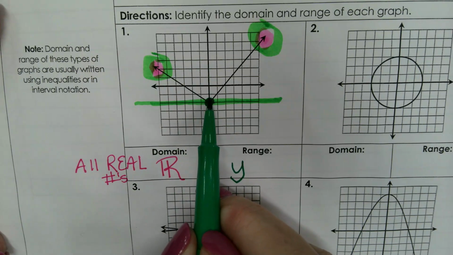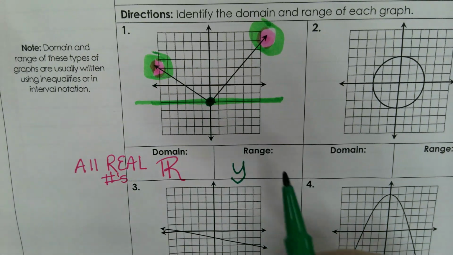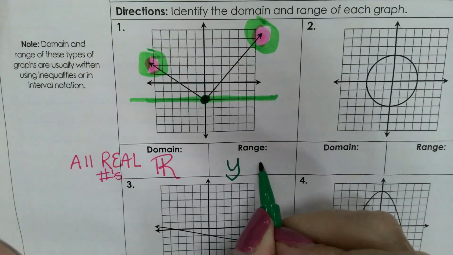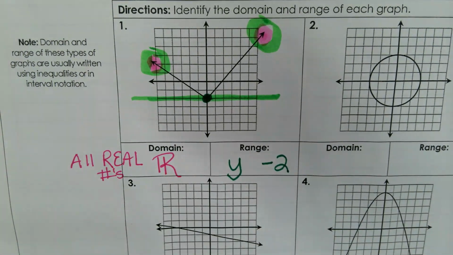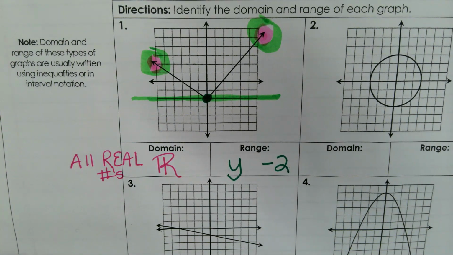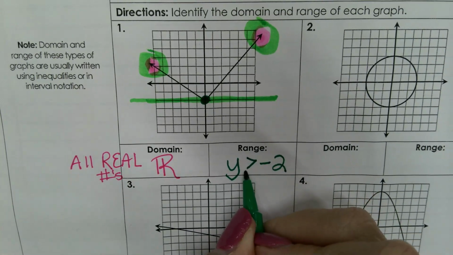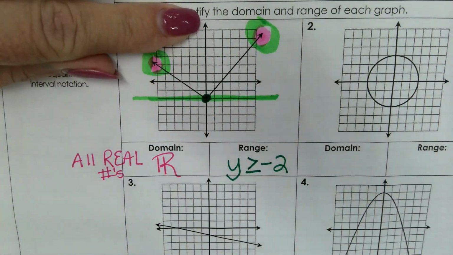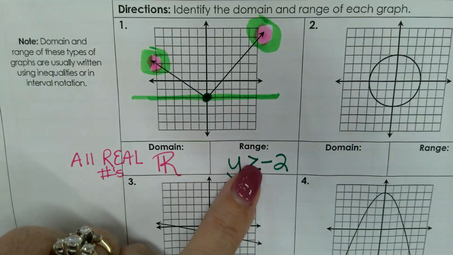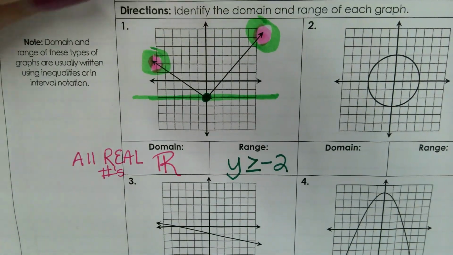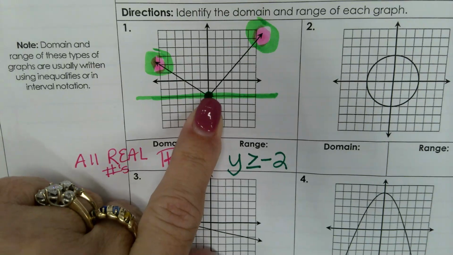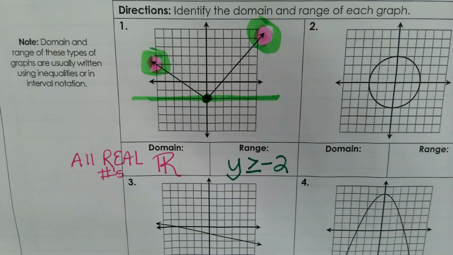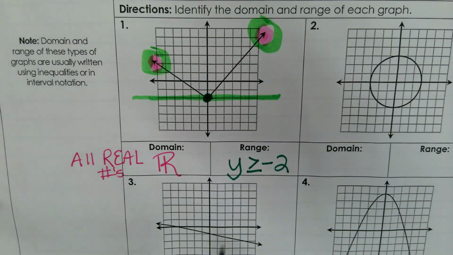It's colored in, it's a point there, and all of the graph is above that number -2, and if it's above it, it's called greater than or equal to. So it's bigger than the green line, the picture is above the green line, and it's a point right there at -2. Since it's not an open circle, I use the equal to symbol.